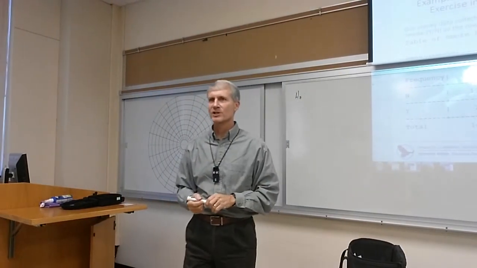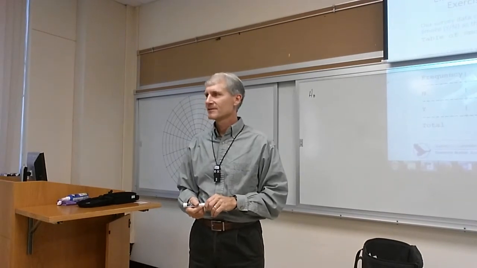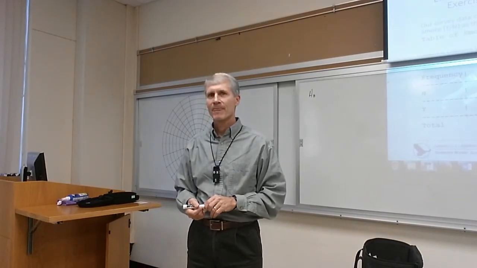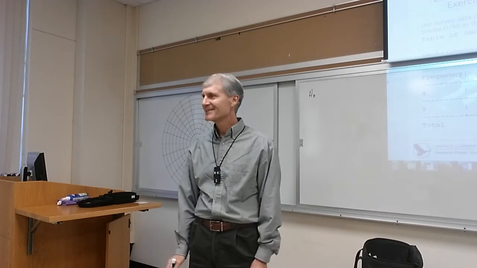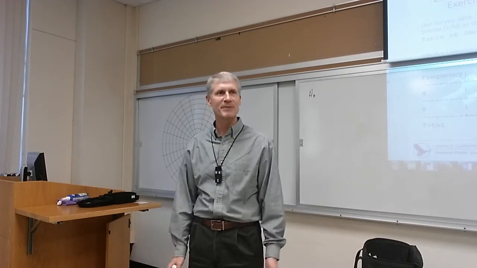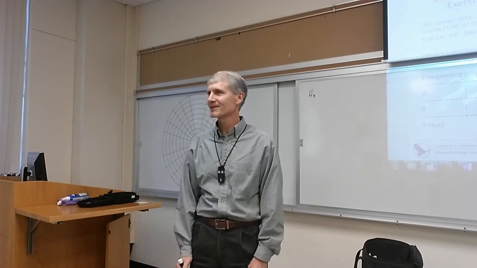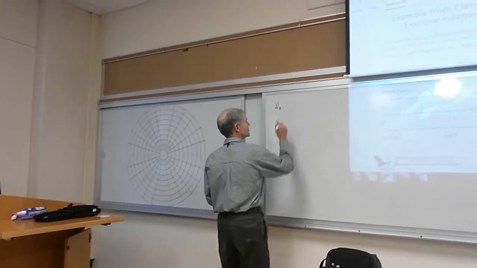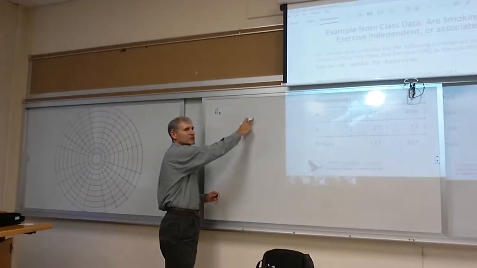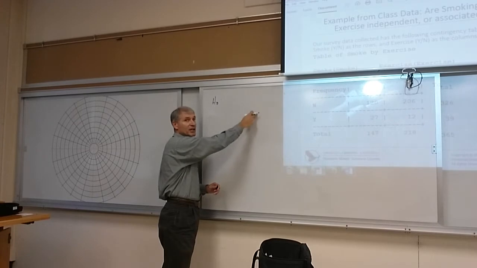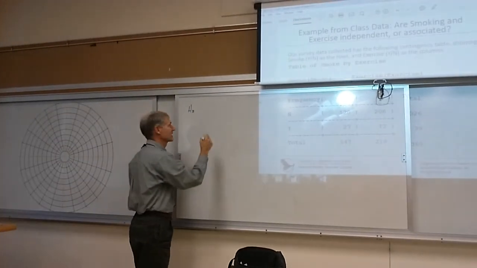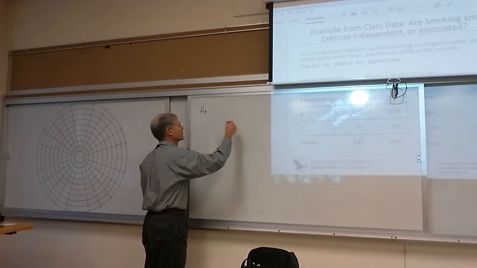So test for association, the null would be no association. So we write it this way. The book, instead of saying no association, says they are independent. Either way is fine. It means the same thing. So I'm going to write it their way and then in parentheses.